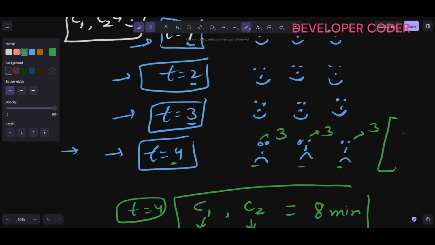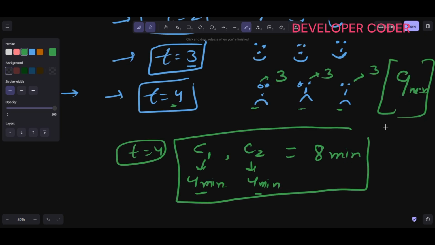They are going to say we can do 9 minutes of charging in total, 3 plus 3 plus 3. So if I am capable of charging for 9 minutes in total with all these batteries, then definitely this answer is possible, because I can do the switch.